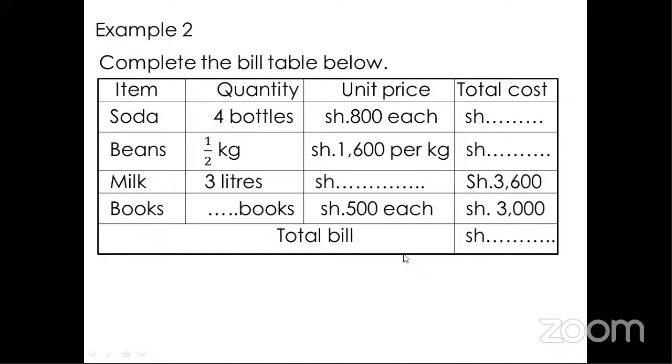We divide total cost by unit cost. Very good. Total cost divided by unit cost to get the quantity. Thank you, learners. Thank you so much.